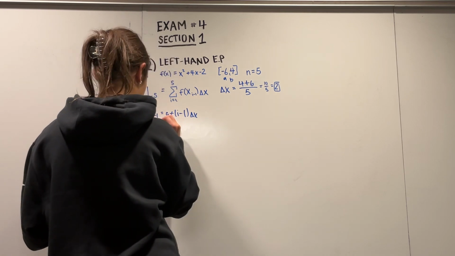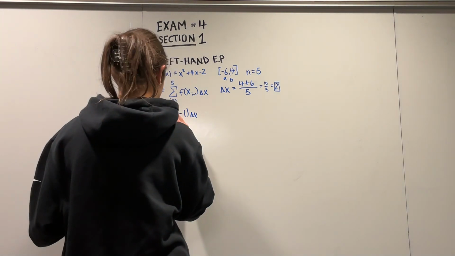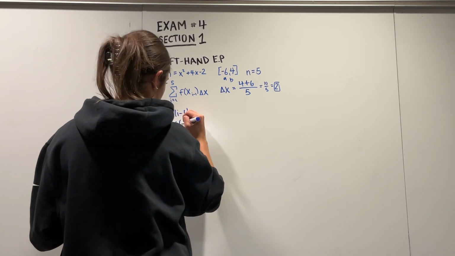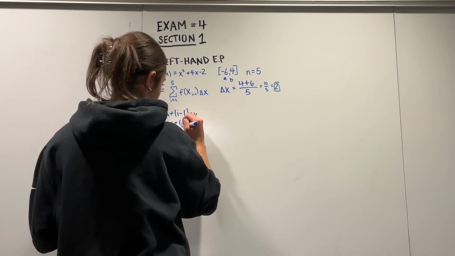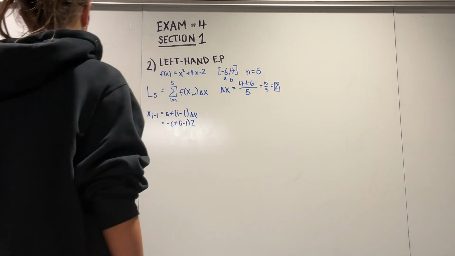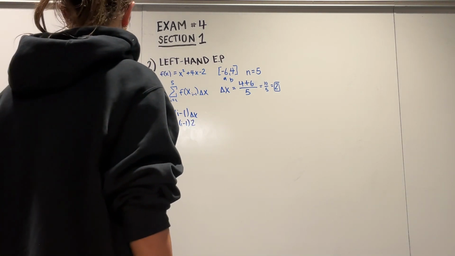So this equation for us is going to equal -6 because that's a, and then it'll be plus i minus 1 is going to stay, and then delta x is 2. So that's our x i minus 1.